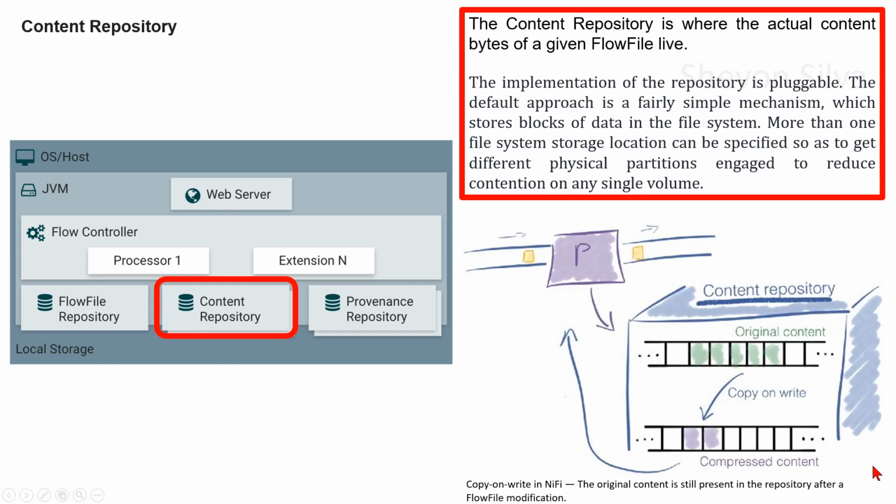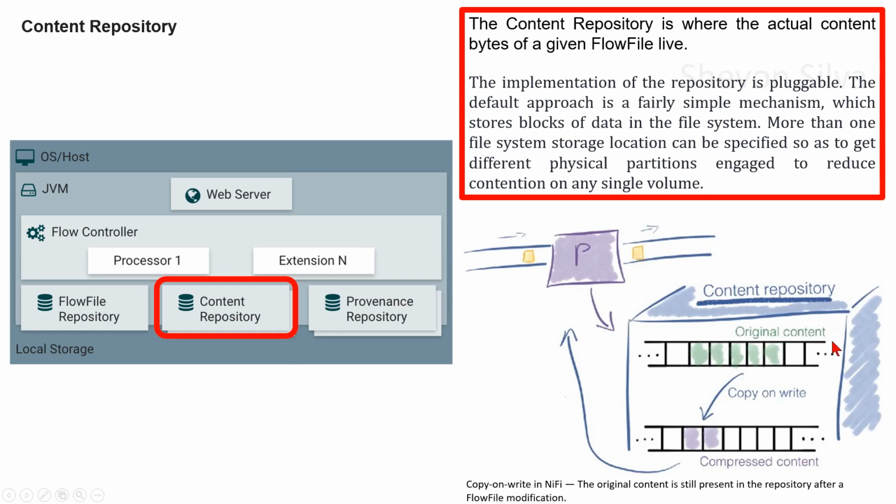Here you can see copy on write in NiFi. The original content is still present in the repository after the flow. In this example, consider a processor that compresses the content of the flow file.